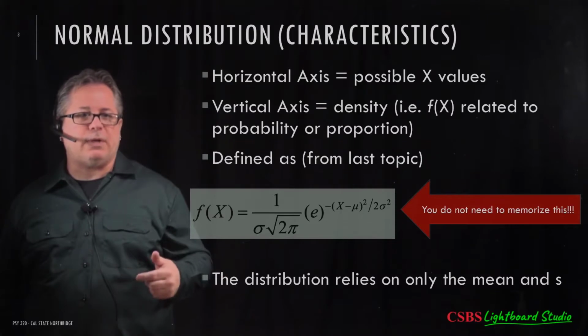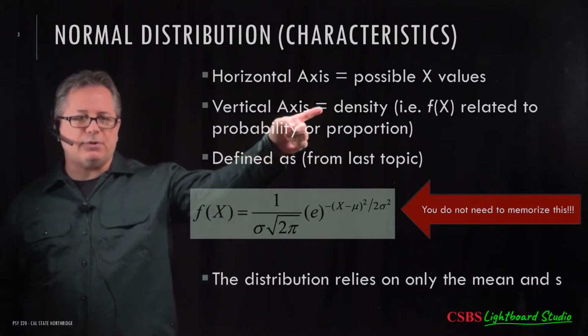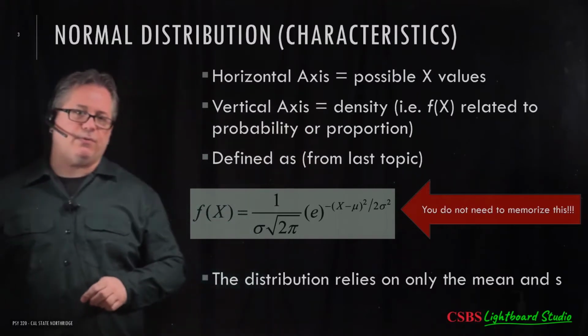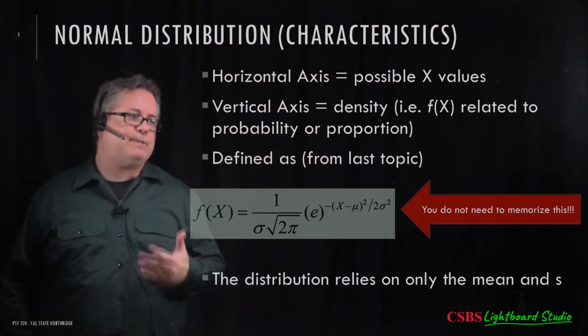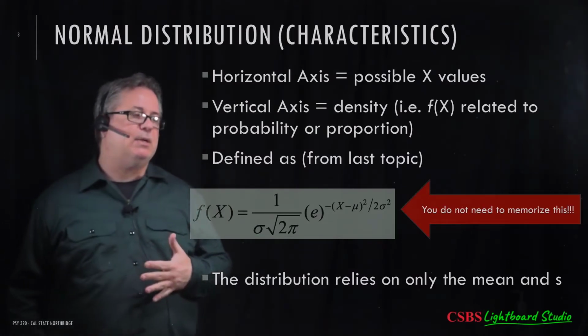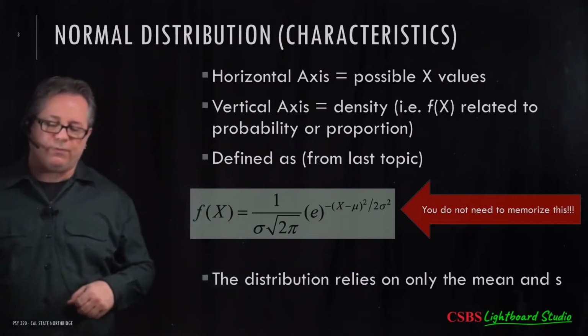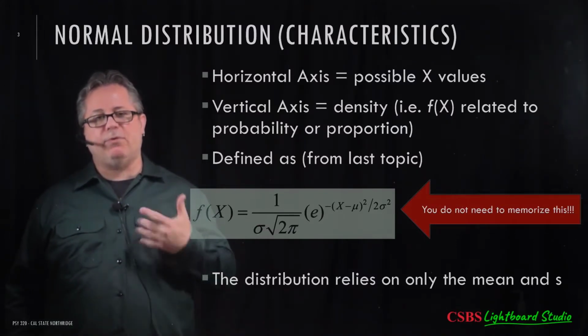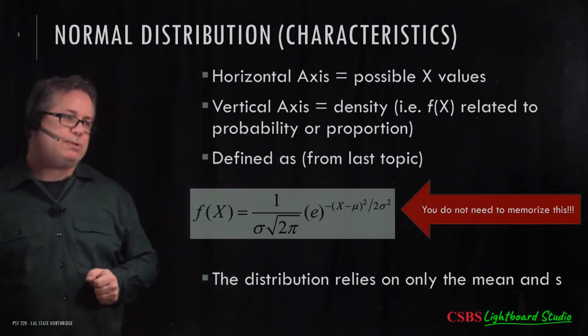And on the vertical axis is this thing called a density function, which really just talks about the area under the curve, which in and of itself is not super useful. To figure out the density for a single value is not super practical, but it can be converted into probability or proportion.